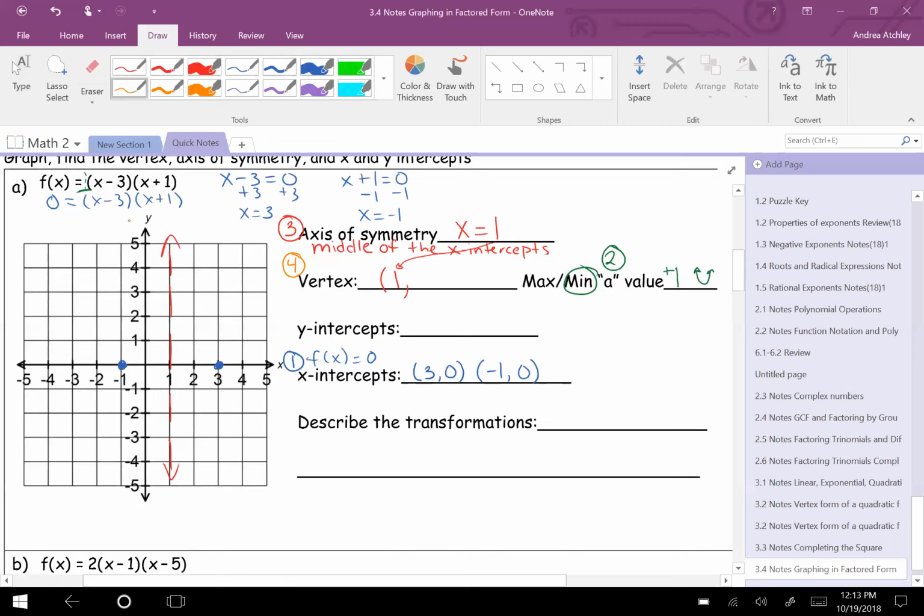Okay, now to find the y value, I need to use my patterned rate of change. Does anyone remember what pattern that parabola's change at? Very good. a over 1, 3a over 1, 5a over 1. Okay, so we're going to use that.